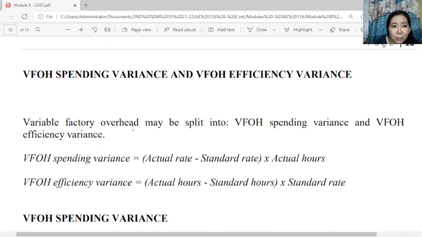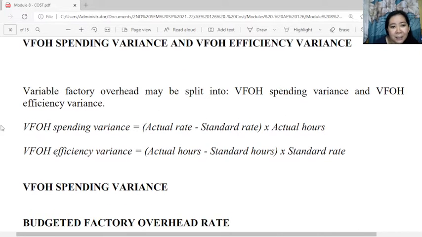So we go now to the variable factory overhead spending variance and efficiency variance. Again, efficiency is the other term for volume variance. Okay? Variable factory overhead may be split into spending and efficiency variance respectively. So how do we get the spending and efficiency variance for variable factory overhead? For spending variance, we will deduct the actual rate minus the standard rate and then multiply it with the actual hours.